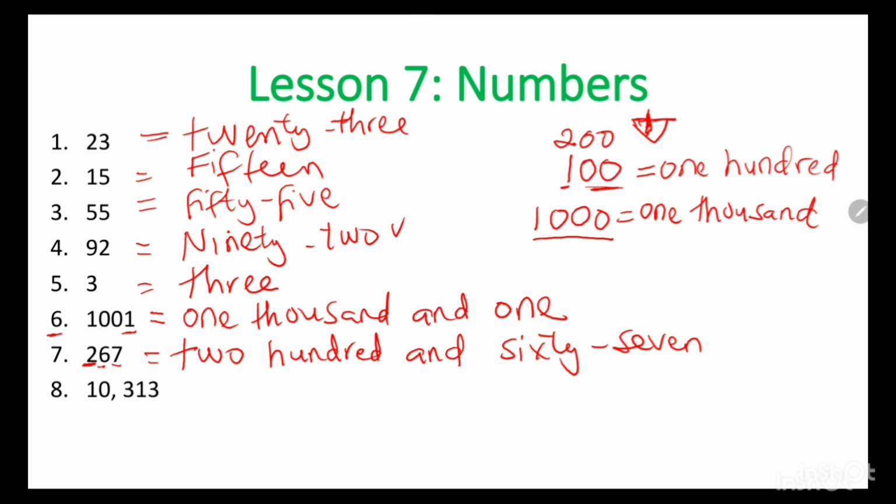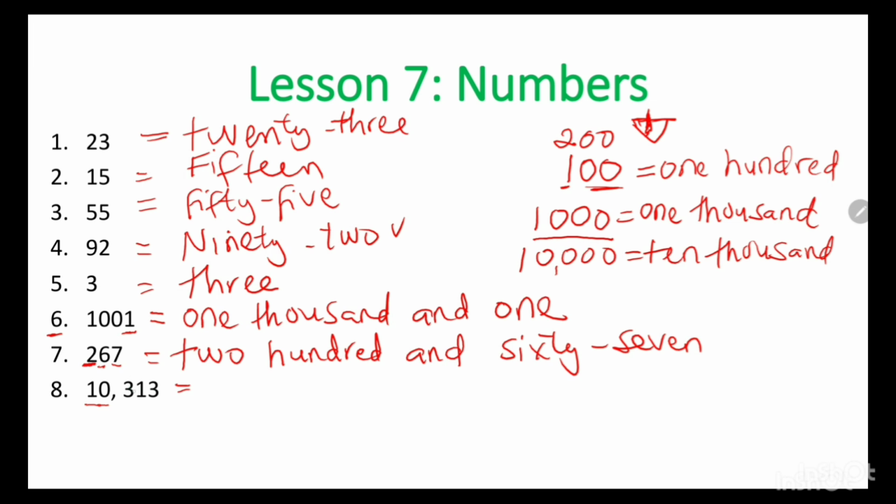Okay, moving on. Oh, look at this big number. What do we have here? Remember, we have 2 zeros, 100. 3 zeros, 1,000. 4 zeros, 10,000. Okay, so this stands for our 10,000 here. Why?